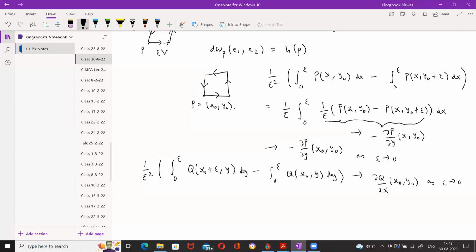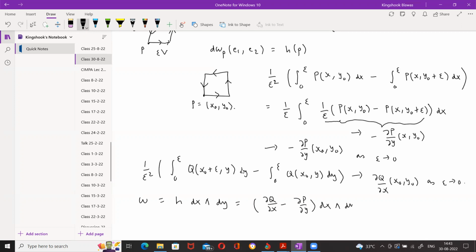So finally, what do we get? We get that d omega is h dx wedge dy, where h is equal to del q del x minus del p del y, right?